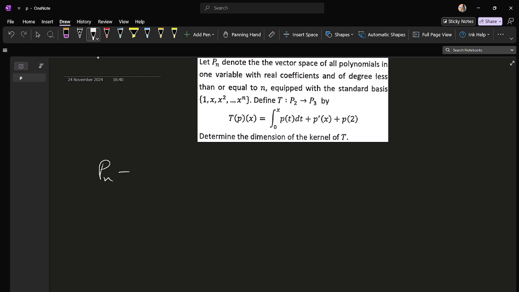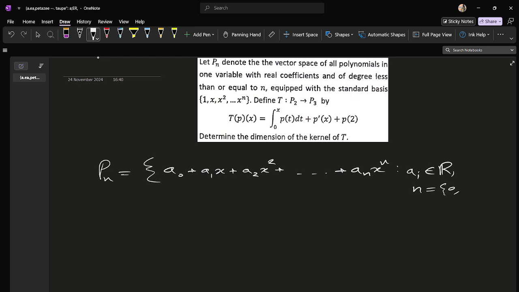vector space as Pn is a0 plus a1x plus a2x square up to an x to the power n, where ai belongs to R and n is equal to 0, 1, and so on.